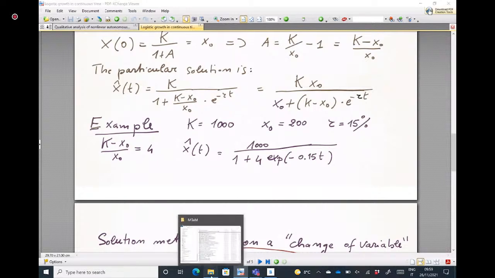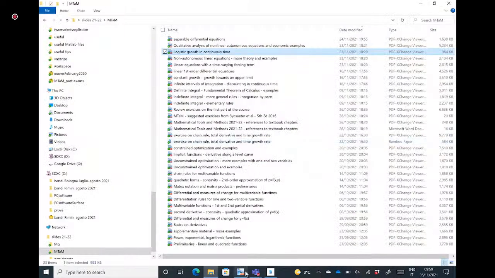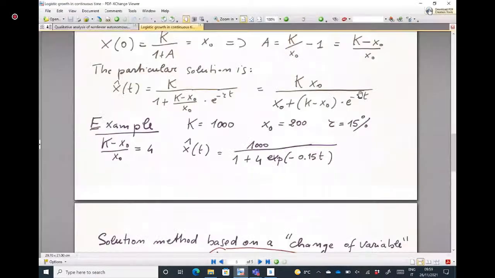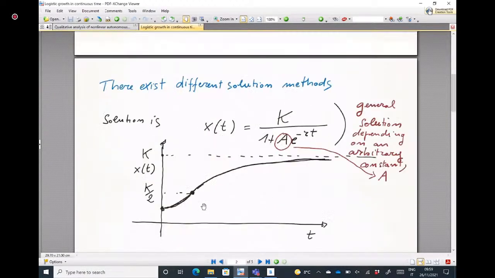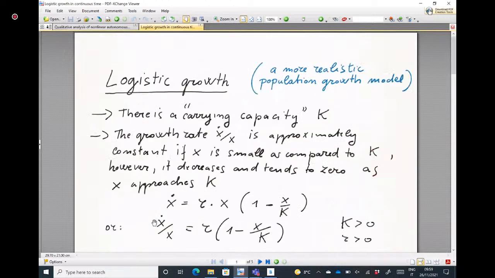Now, we will use this in an example, maybe already today, without knowing this expression of the solution, but just using the differential equation qualitatively, which is called qualitative analysis or graphical analysis of differential equations.